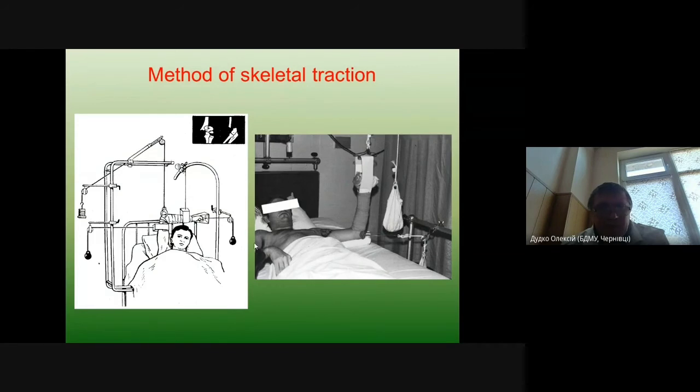Let's see a picture of our upper extremity treated by means of skeletal traction. We can treat humeral fractures. We can treat glenoid fractures of the scapula. But mostly we use it for unstable fractures of the humeral shaft, supracondylar fractures, and neck.